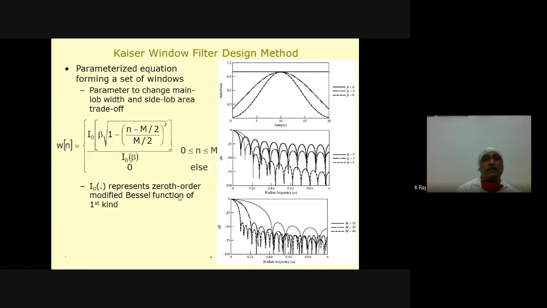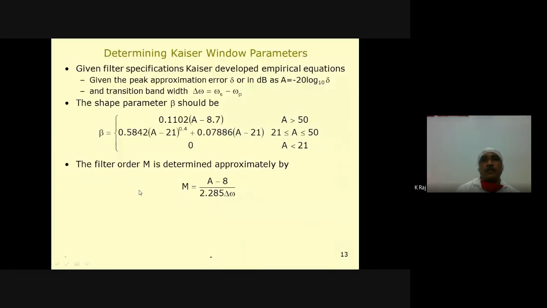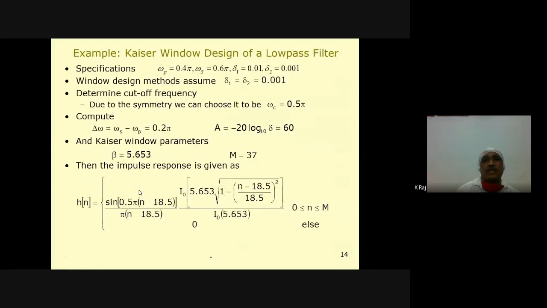And what is w[n]? w[n] is defined with the help of the zeroth order modified Bessel function of the first kind, that is I naught, divided by I naught beta. So here we will use this to get h[n]. Now h[n] will become sine 0.5 pi (n minus M by 2), where M is 37, so M by 2 is 18.5, divided by pi (n minus M by 2), as from the previous slide.